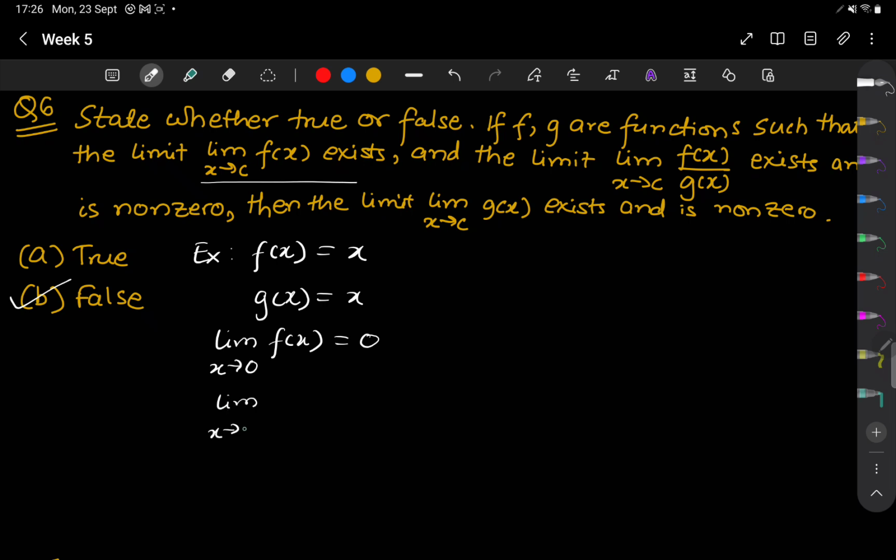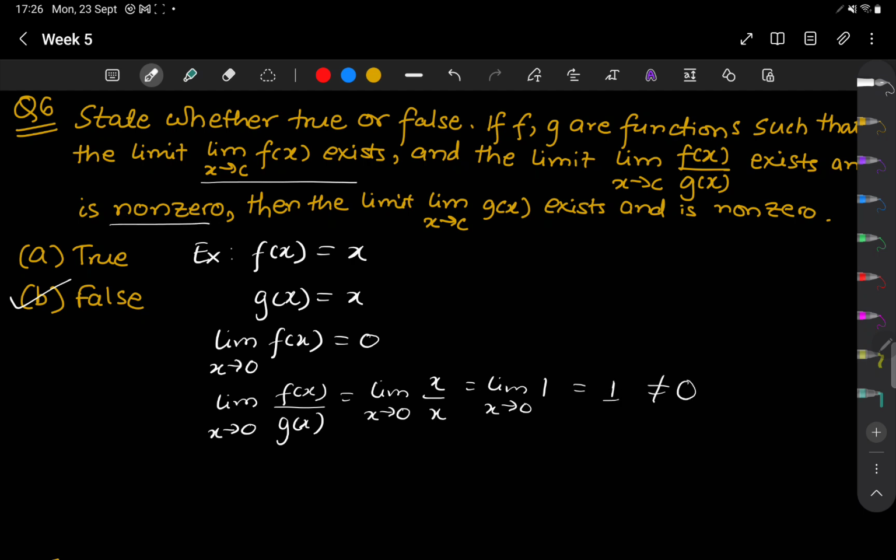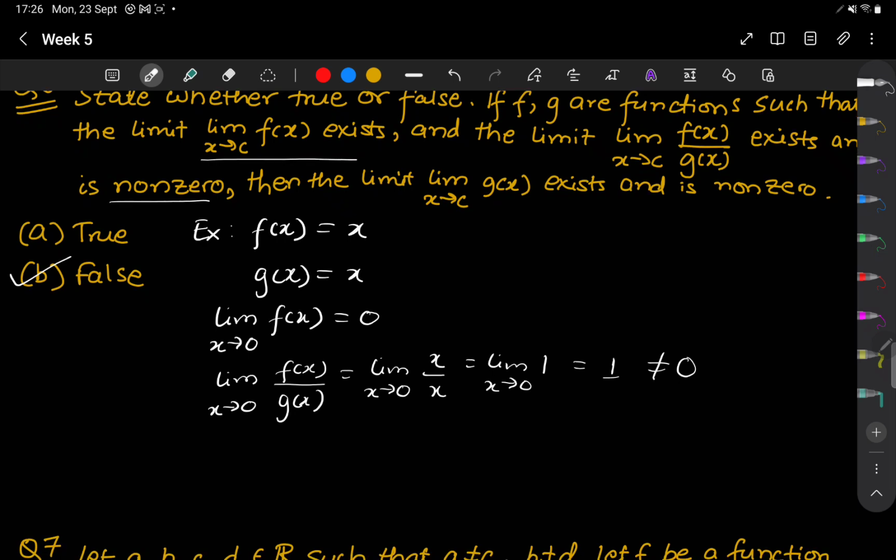The limit as x tends to 0 of f(x) over g(x) equals the limit as x tends to 0 of x over x, which is the limit of 1, a constant function, so this limit is 1, and this is non-zero. However, if we look at the limit as x tends to 0 of g(x), this exists, but it is equal to 0.